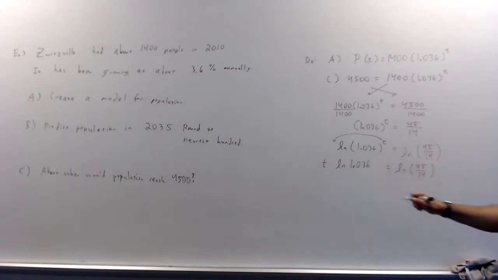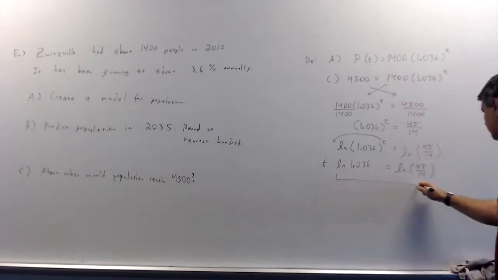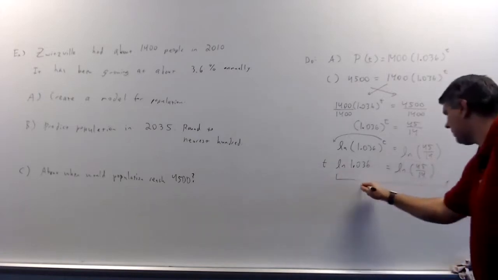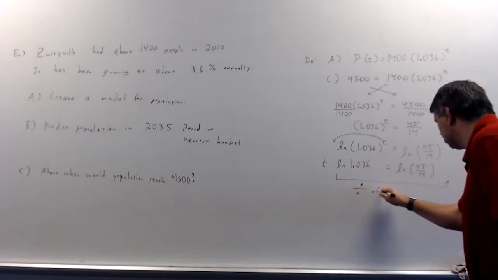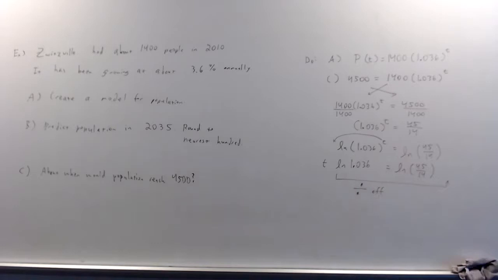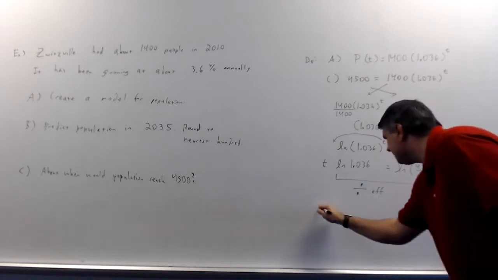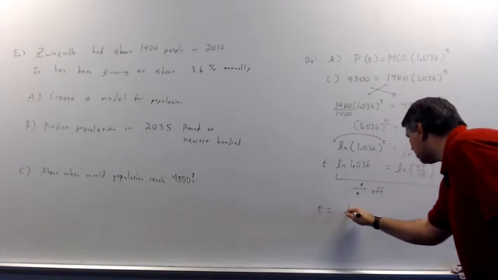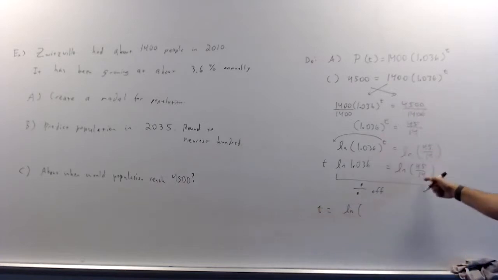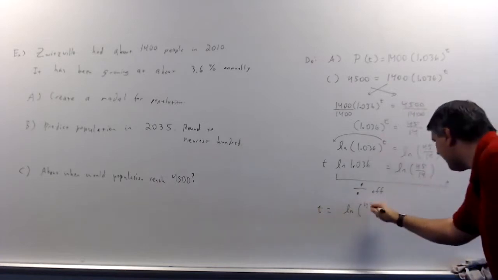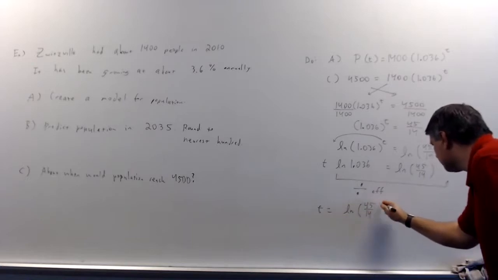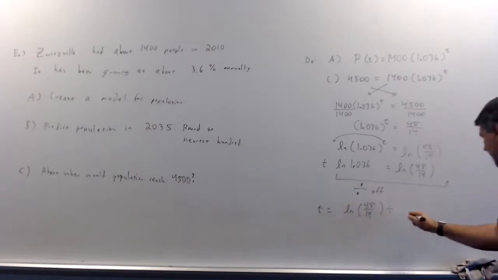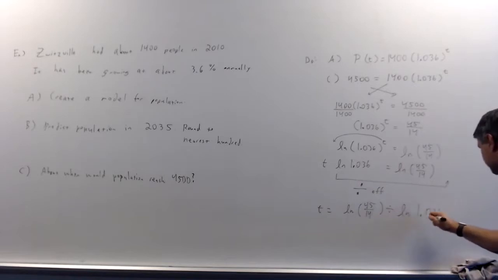And I will be dividing this off, and t equals the natural log, make sure this stays in parentheses, 45/14 divided by the natural log of 1.036.